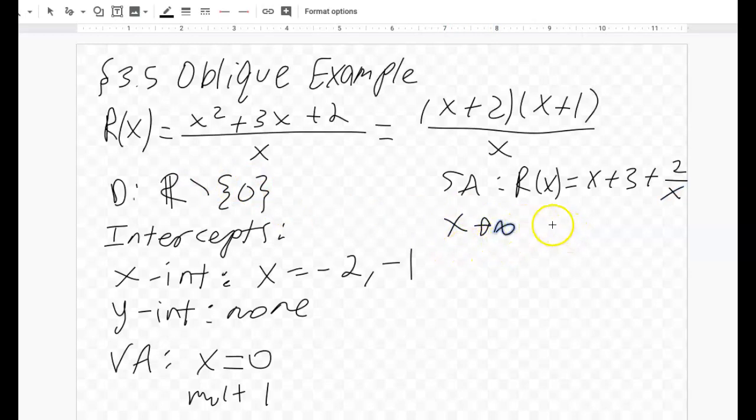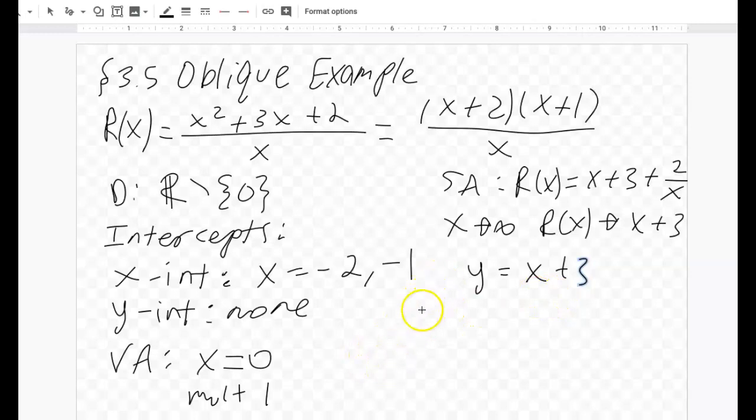And so as x goes to infinity, this function r of x is just going to approach x plus 3, because as x is getting larger and larger, 2 over a larger and larger number is tending to 0. So we're saying that r of x is going to approach x plus 3. So that slant asymptote is y equals x plus 3.